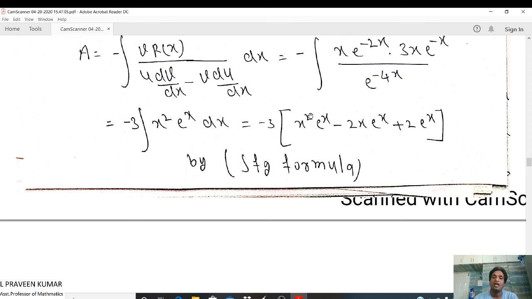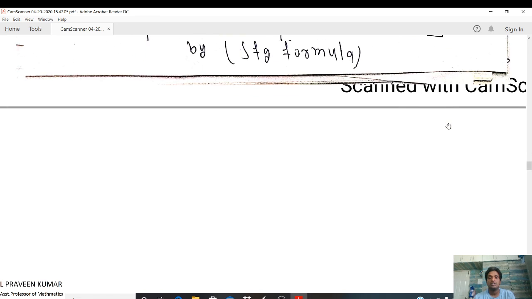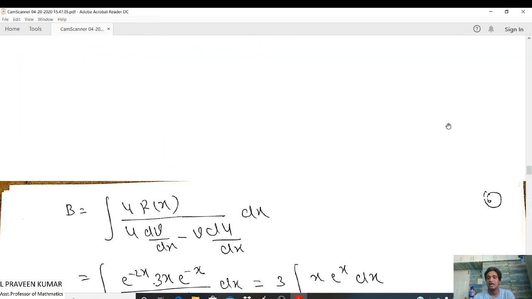So the integration of x square e power x is x square e power x minus the differentiation of x square, 2x, times the double integration of e power x, same, plus again one more time differentiation, 2x differentiation is 2 e power x. And next time we are not writing, because differentiation of 2 is 0. So this is the a value.